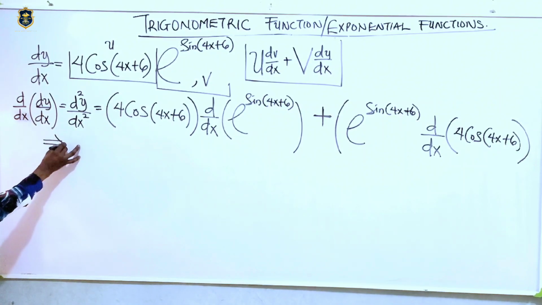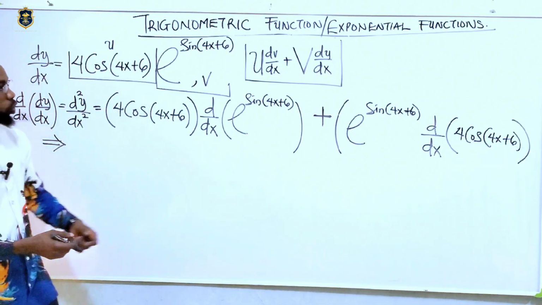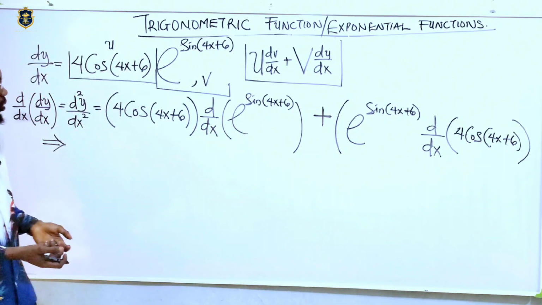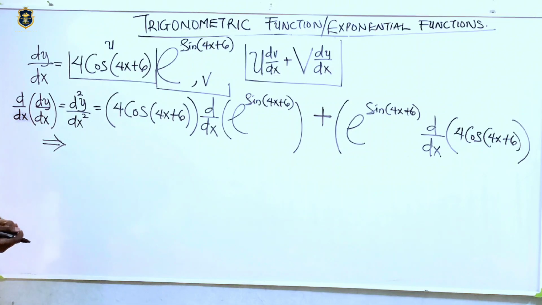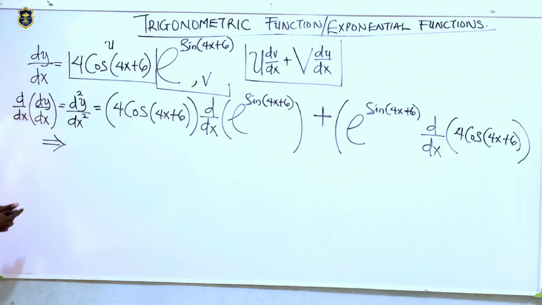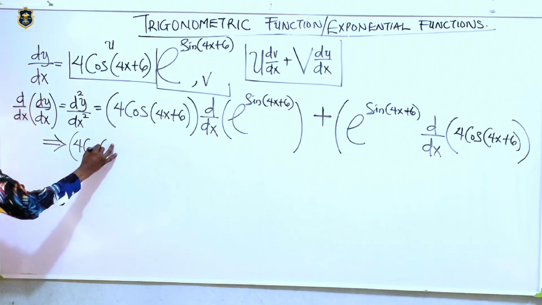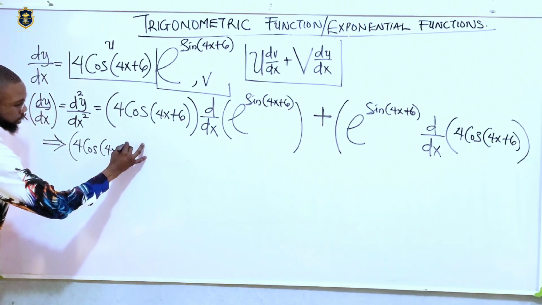So the answer becomes what? We leave this, differentiate this. If we differentiate this, we're still going to have the same thing. The answer to this is what we have here. So let's start with this. Leave 4 cos 4x plus 6.